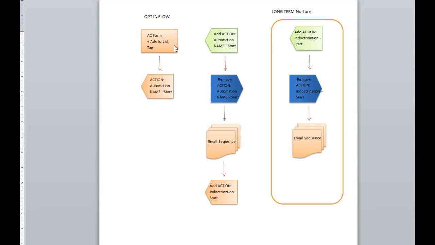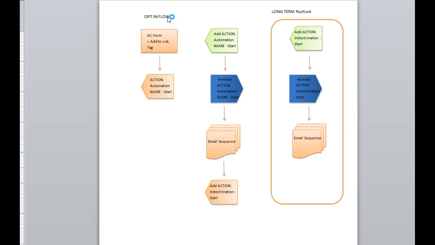So the tag would be something along the lines of: action : LM delivery FB ads checklist - start. So that is just for ActiveCampaign to know that it is to start an automation to deliver the lead magnet for the FB ads checklist.